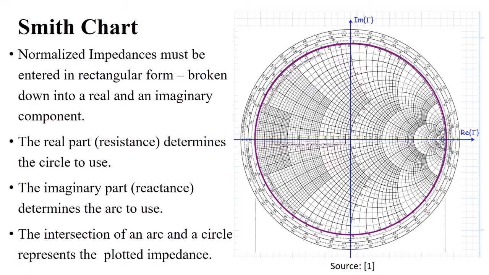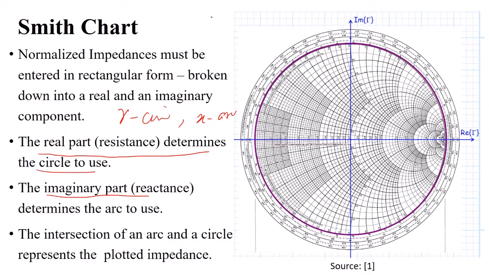The normalized impedance must be entered in rectangular form, broken down into real and imaginary parts. If you want to find the reflection coefficient from the normalized impedance, we first break it into real and imaginary parts, then using the R circle concept and the X arcs, you can find the reflection coefficient. The real part determines the circle to use, and the imaginary part, the reactance, determines the arc to use.